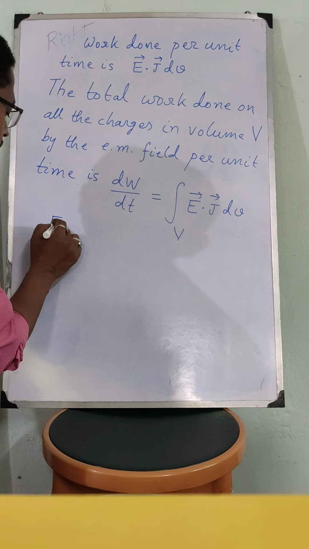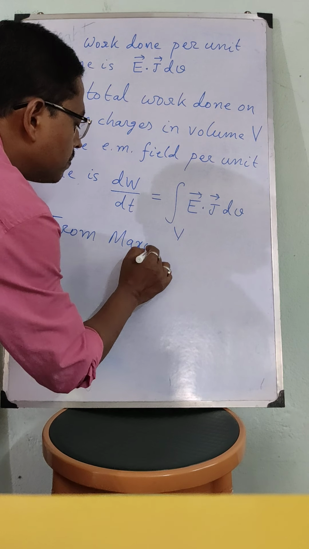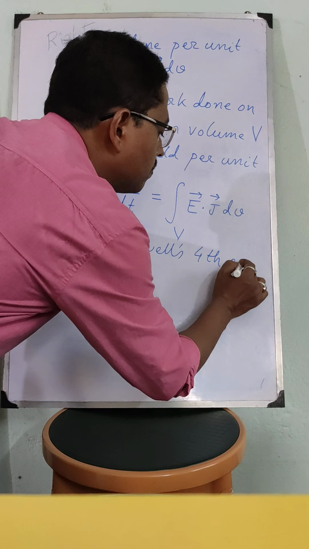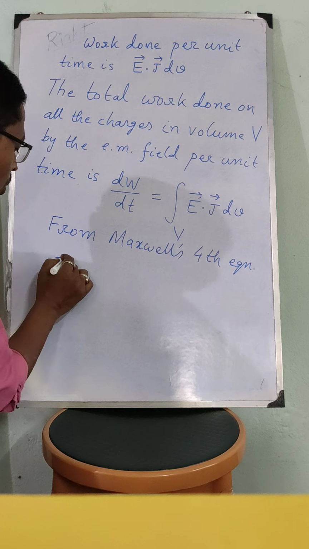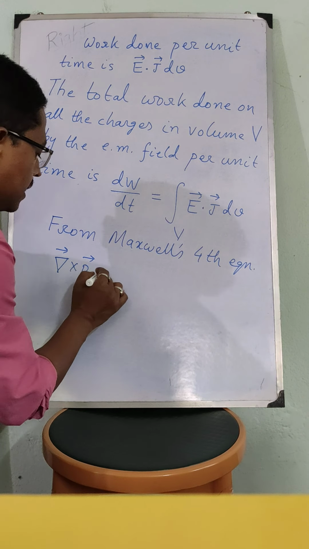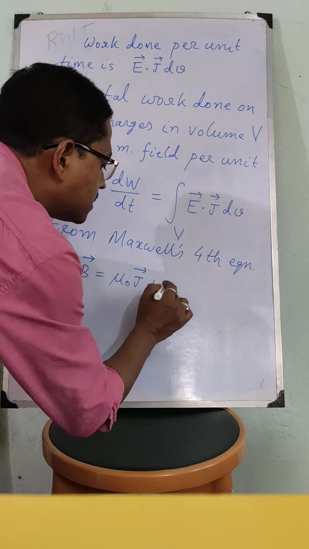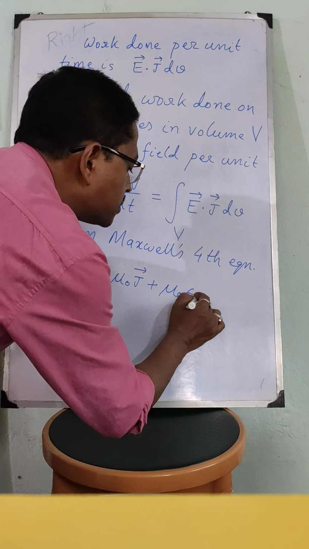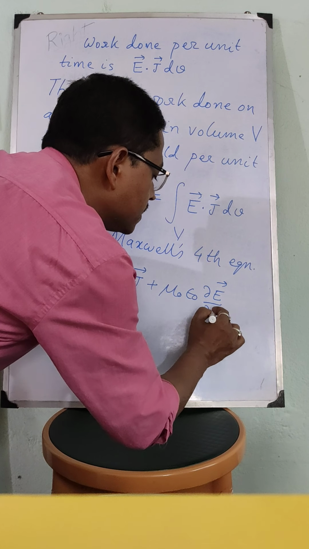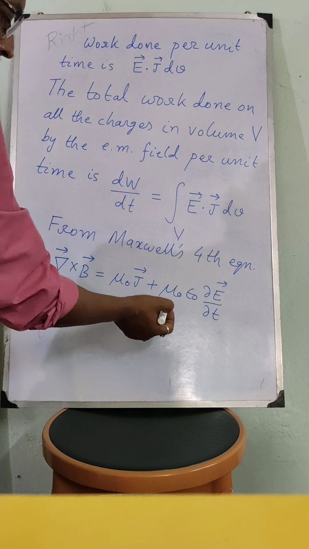From Maxwell's fourth equation, del cross B is equal to mu 0 J plus mu 0 epsilon 0 del E del T. This is the Maxwell's fourth equation, or Ampere's law with the modified term.